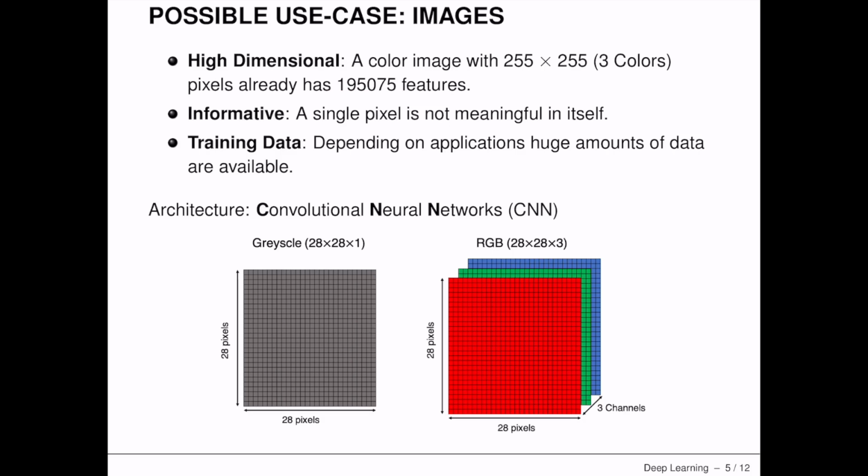Of course, a single pixel itself is not meaningful, but only in combination with the other pixels. And depending on the applications, with images, there might be a lot of data available.